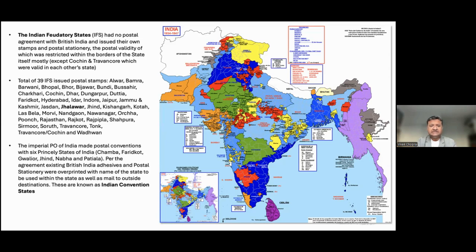The convention states had postal conventions with the imperial post offices of India, with six princely states, namely Chamba, Faridkot, Gwalior, Jind, Nabha, and Patiala. Based on this agreement, they could use British stamps and overprint the name of the state, and use them freely within the state as well as to send mail outside the state. So that's the basic difference between these two groups of states.